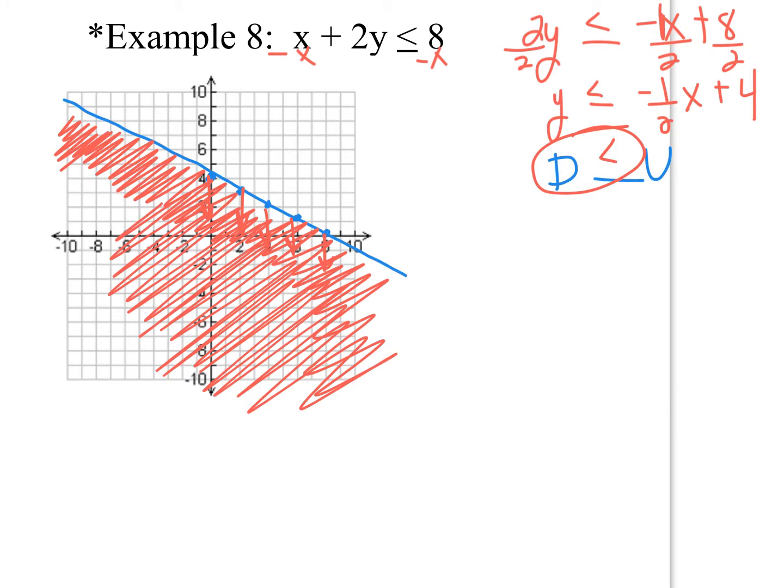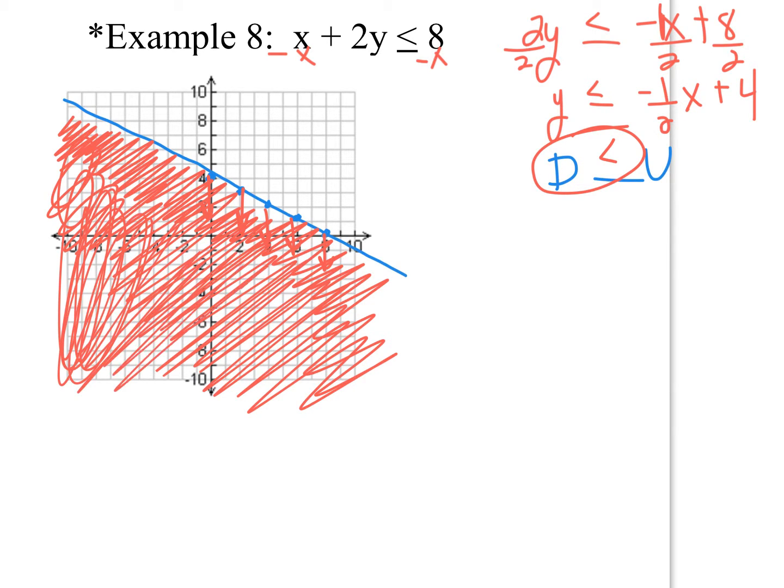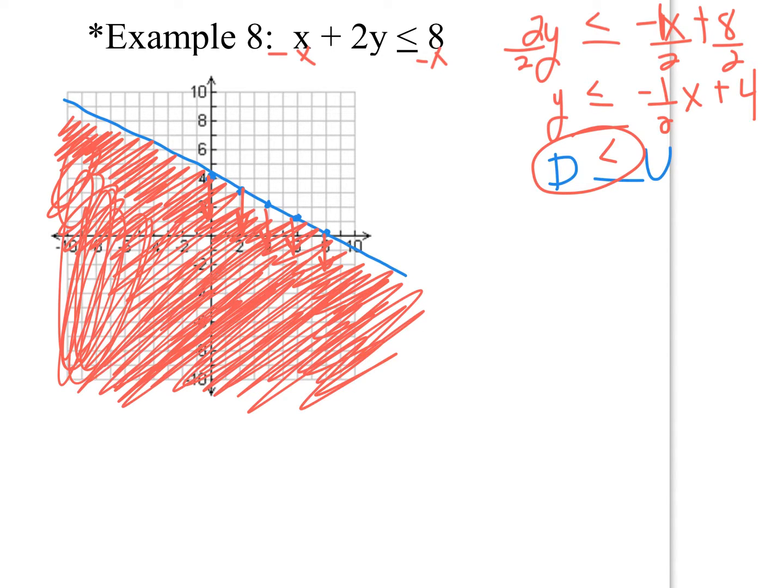Again, we just color this all in. Okay, and there is our line. Pretty simple.